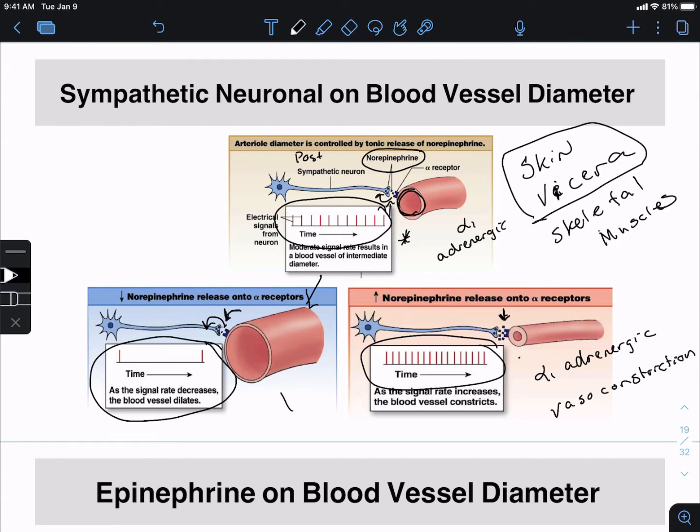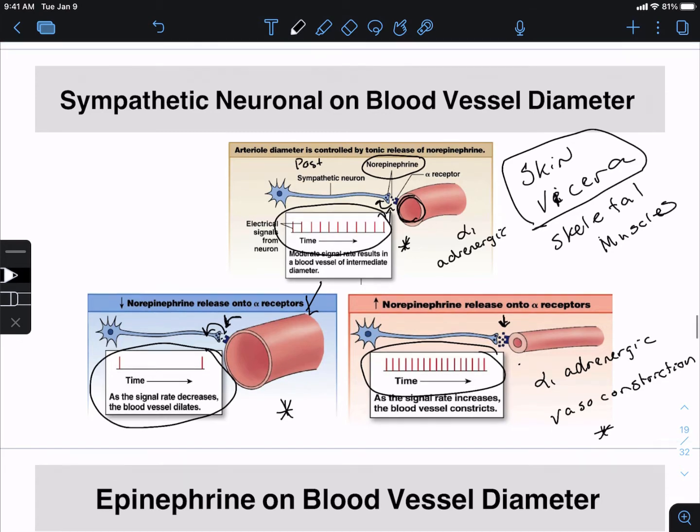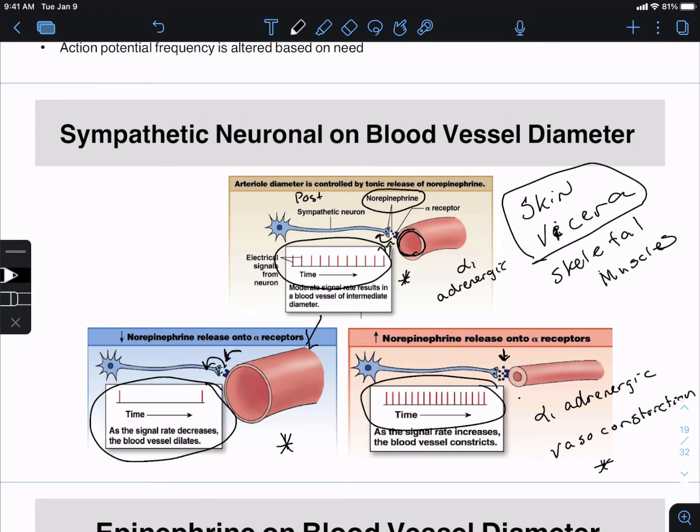These are, again, unusual situations. We usually have something in between, but we actually use this process to regulate blood flow to the skin and the digestive system. And so what this actually does is it's pretty cool if we have, let's say, a fight or flight situation.